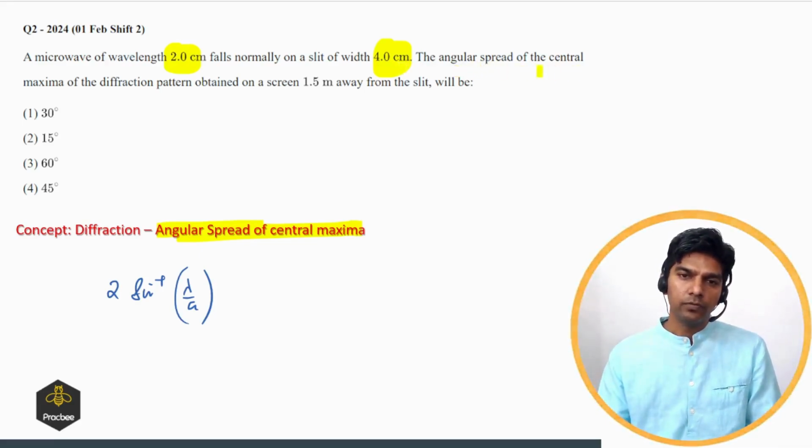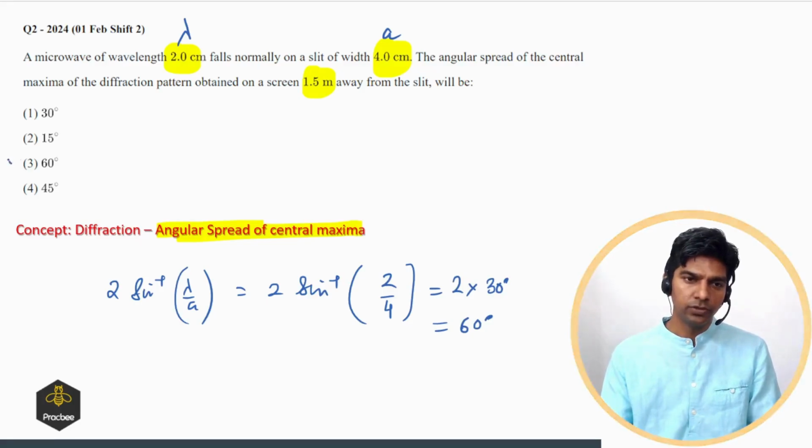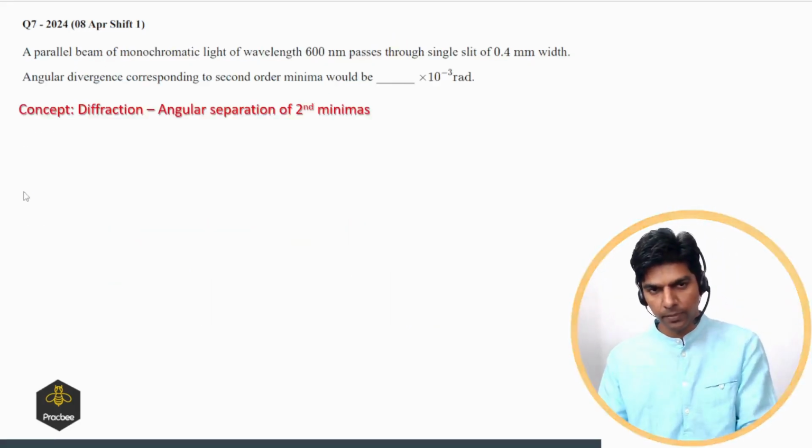The angular spread of the central maxima of the diffraction pattern obtained on the screen 1.5 meters away from the slit will be. So we have to find the angular spread. Let us put the value, 2 times sine inverse, this is lambda and this is A. So 2 by 4, which comes out to be 2 times 30 degrees. So it will be 60 degrees. So option 3 is the right answer.